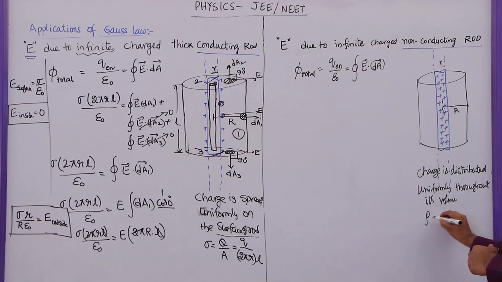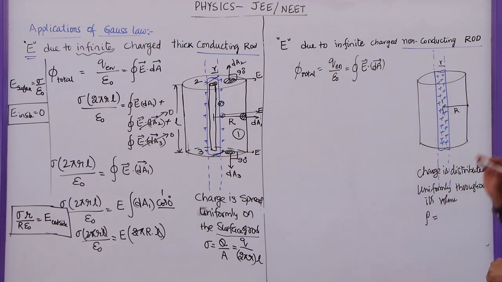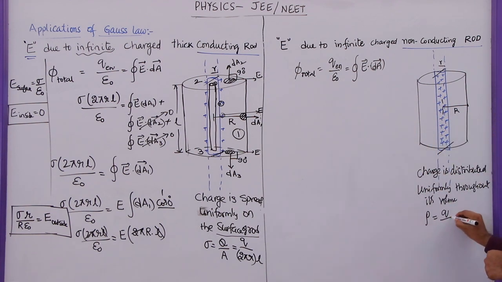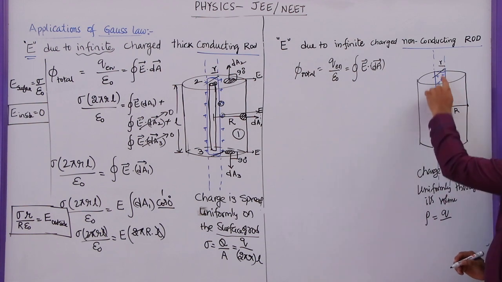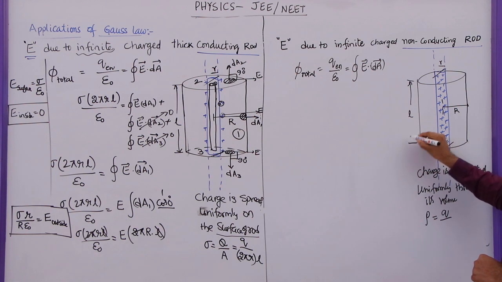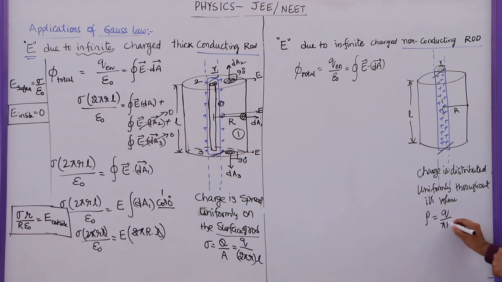So the volume charge density rho is given by the total charge by total volume. The charge enclosed by this closed Gaussian surface, let us say this is Q, and what is the volume of this rod? Here let us say the length of this rod is once again L. Now the volume of this rod is given by pi r square, the area of this one, into L. So this will be pi r square L.